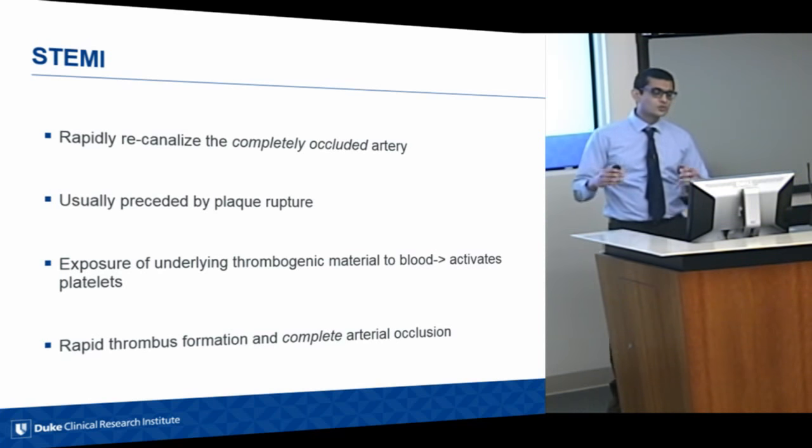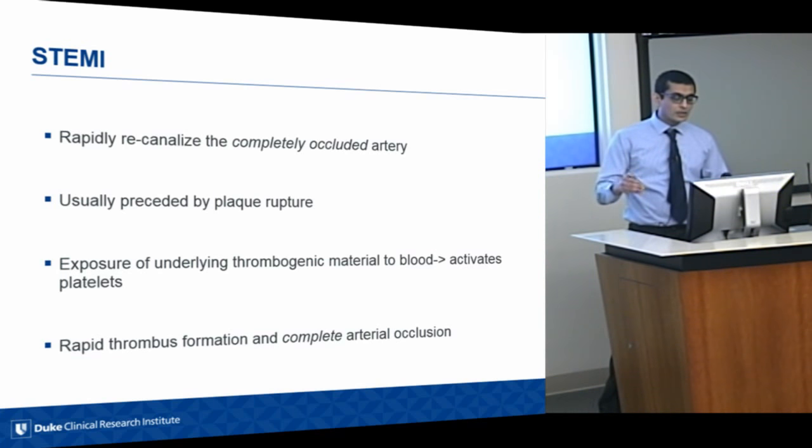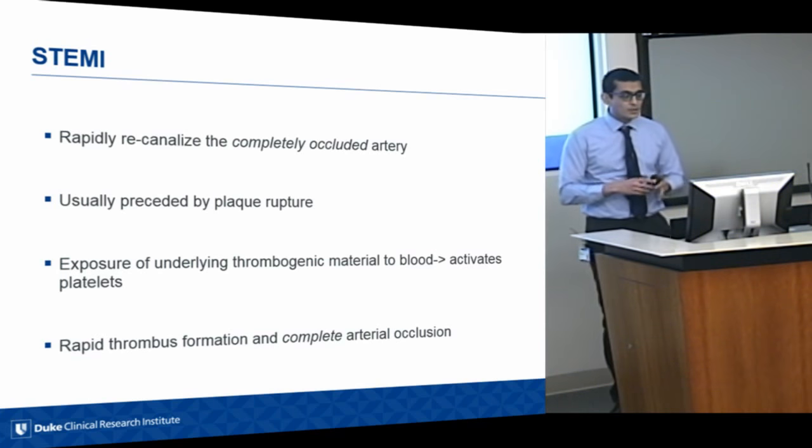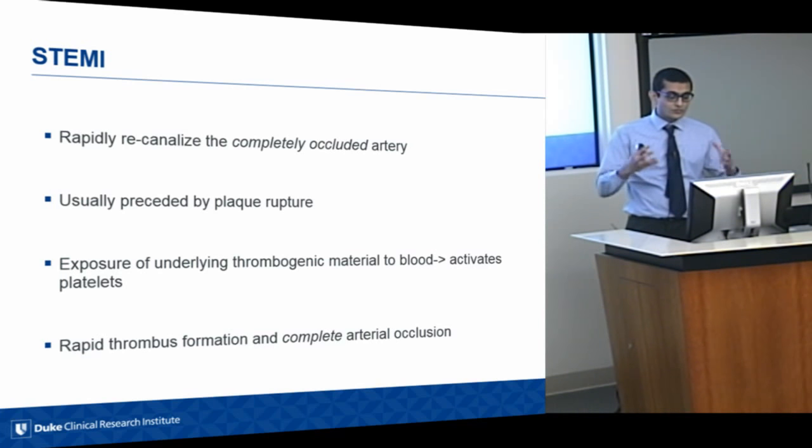For the purpose of this talk, we'll presume that we're dealing with a completely occluded artery and that the reason this patient presented is plaque rupture. When plaques rupture, they expose underlying thrombogenic material to blood. That material is highly thrombogenic. It activates platelets, platelets rapidly organize and form a clot, and the artery is completely occluded. That's usually what heralds symptom onset.